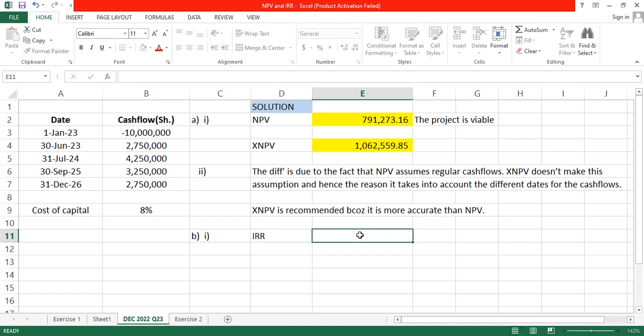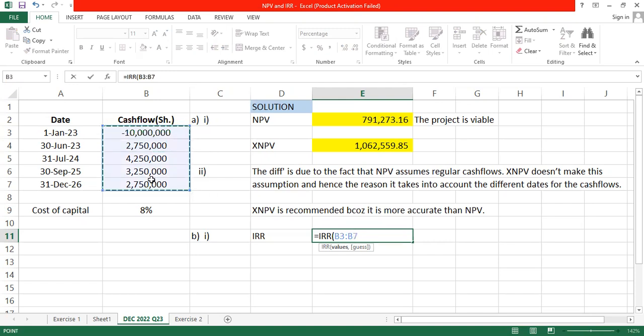So internal rate of return, the IRR, we said that to be able to compute it, being a function, again start with an equal sign, then IRR, open bracket, yeah? Remember, in the bracket, what you need are the cash flows.